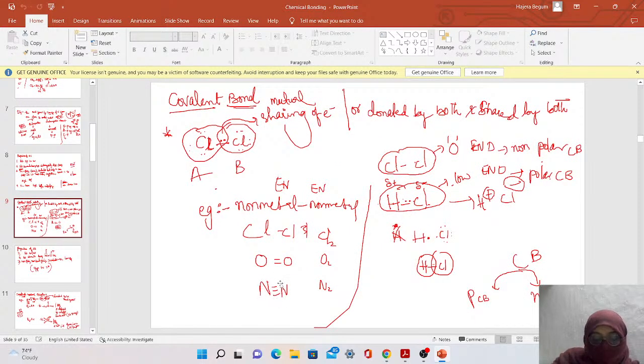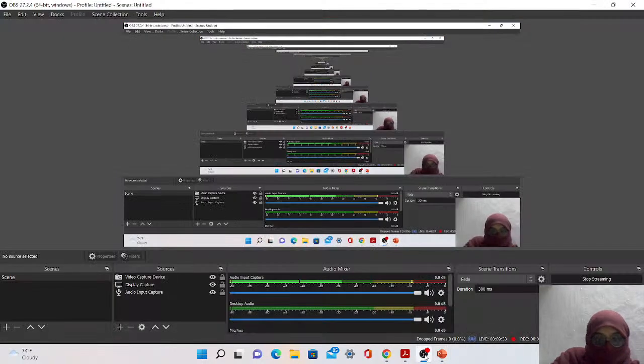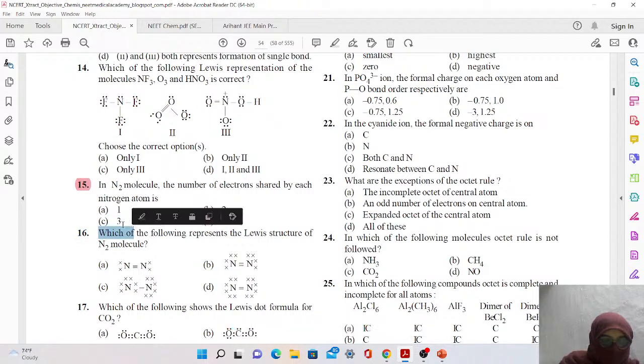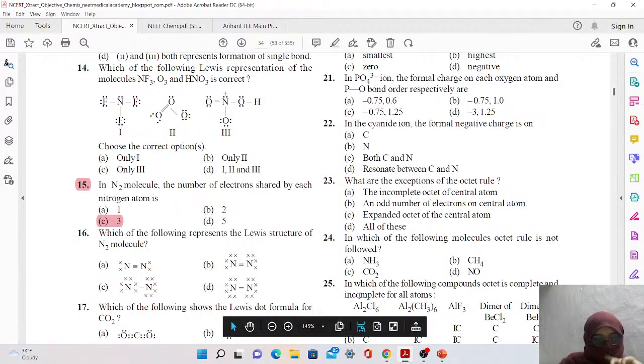Nitrogen is forming 3 bonds means each nitrogen is sharing its 3 electrons. That means the answer is 3. Let us just check where the 3 is coming from. So I would say C is the right answer, because nitrogen shares only 3, right?